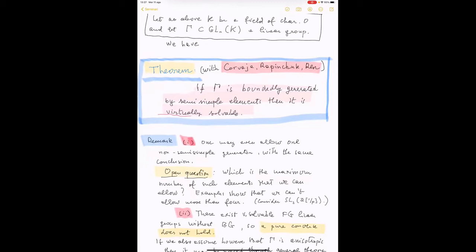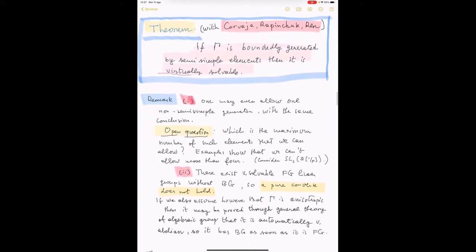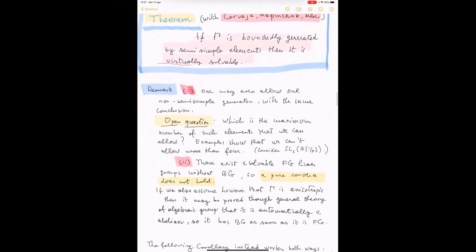And even if it is not anisotropic, as soon as we have bounded generation by semi-simple elements, then we have a very strong conclusion. Let me make a few remarks on this result: we may even allow one non-semi-simple generator.